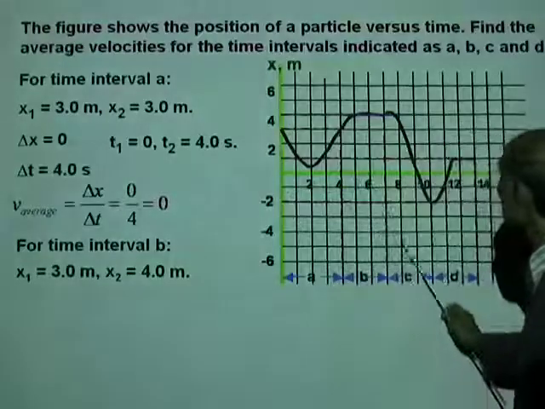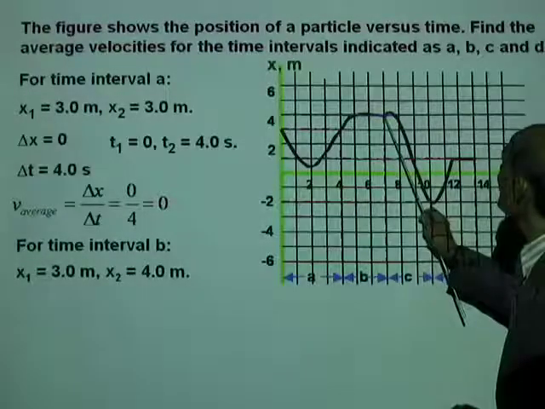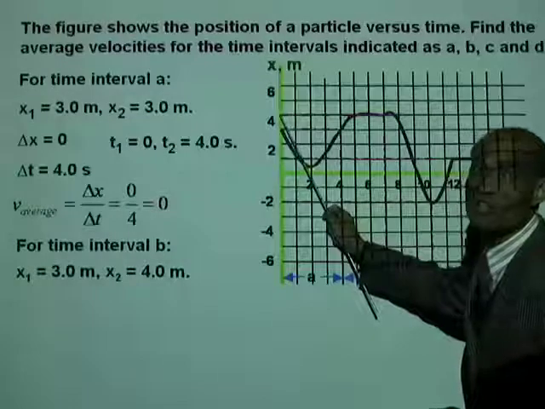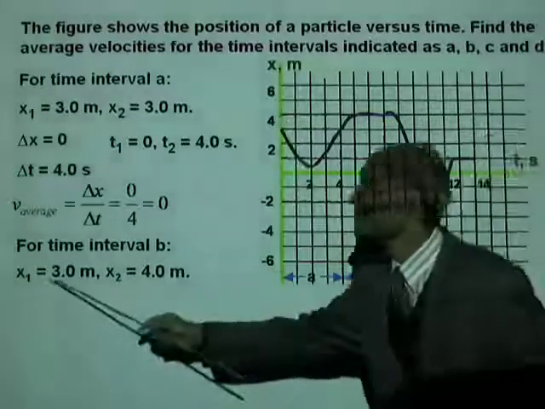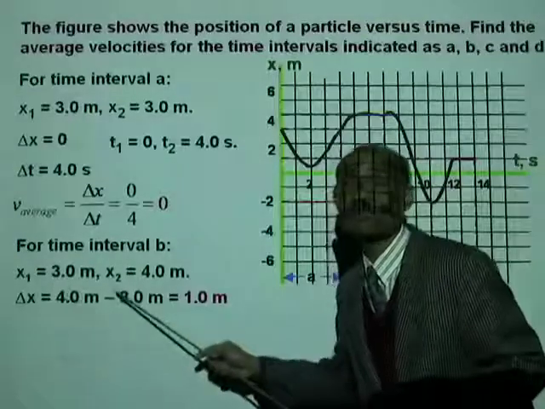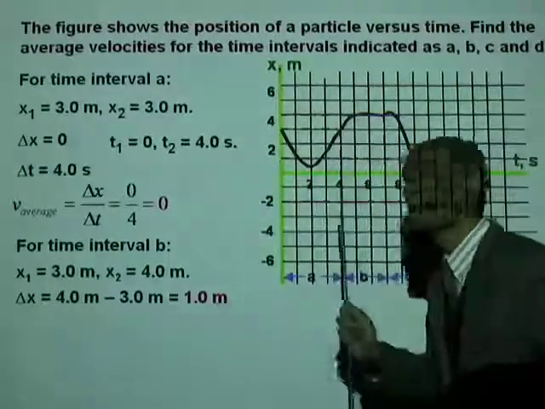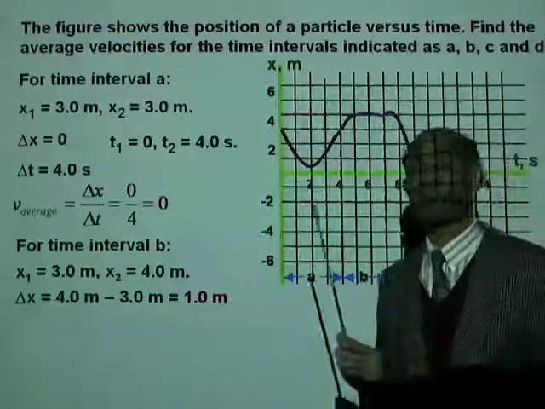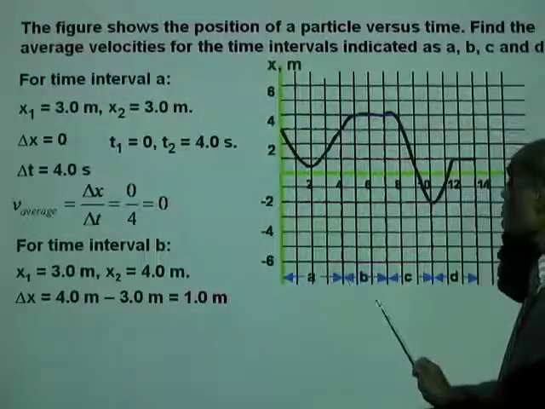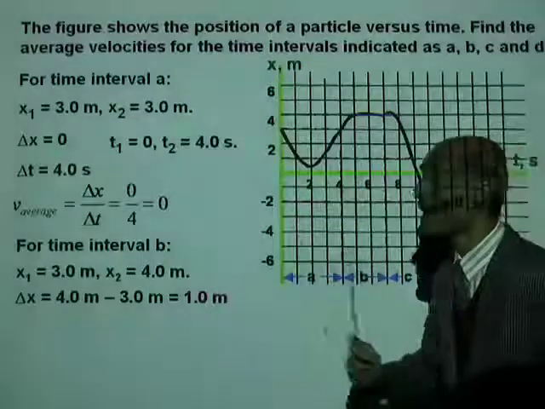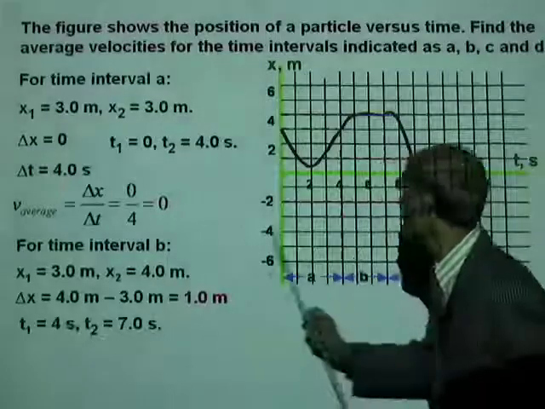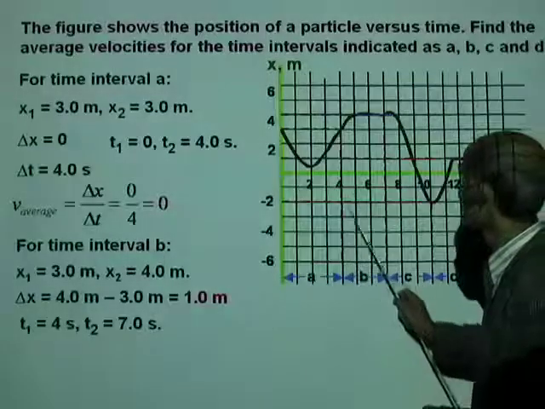What is the final position for that time interval? The final position is x equal to 4 meters. So, that means delta x is 4 meters minus 3 meters, that is 1 meter. For that time interval B, the change in position is 1 meter. What is the change in time? T1 is 4 seconds, is that right?